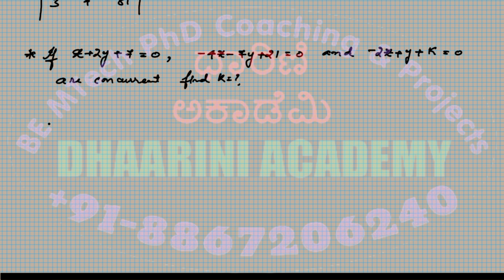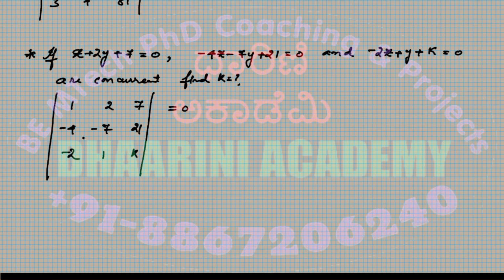In this case, I have to equate the determinant to 0 with the k in place. So that is 1, 2, 7; minus 4, minus 7, 21; minus 2, 1, and k.